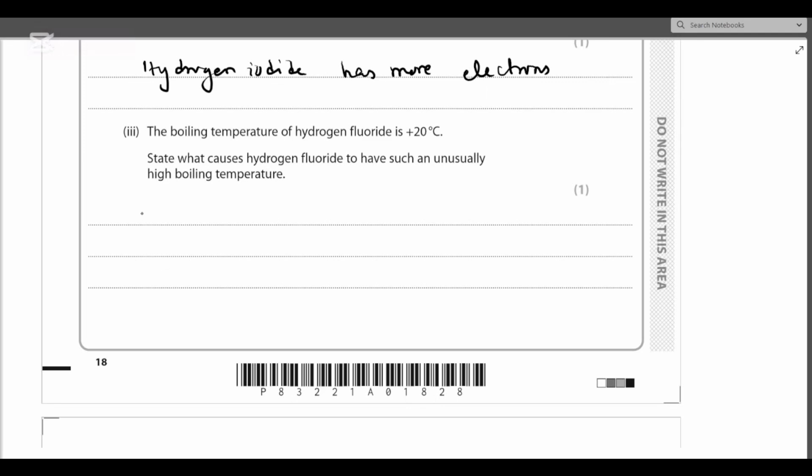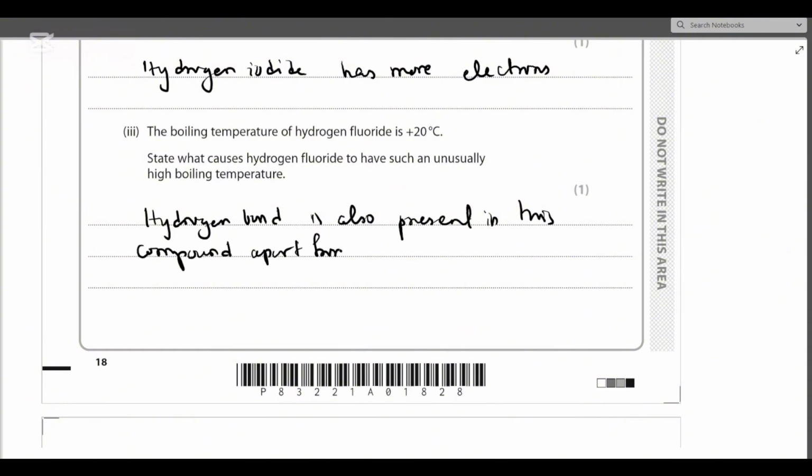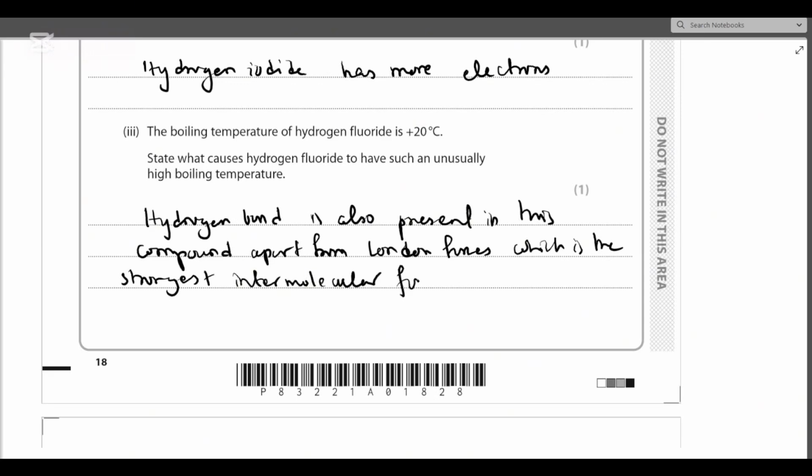Well, first of all, hydrogen fluoride, apart from having London forces, it also tends to have the strongest intermolecular force, which is the hydrogen bond, also present in this compound.